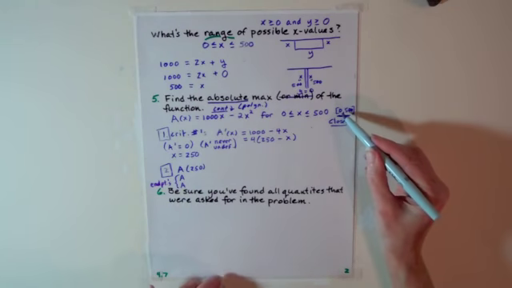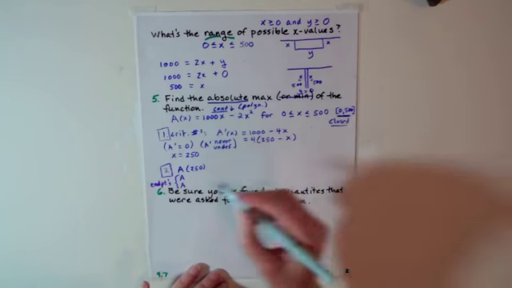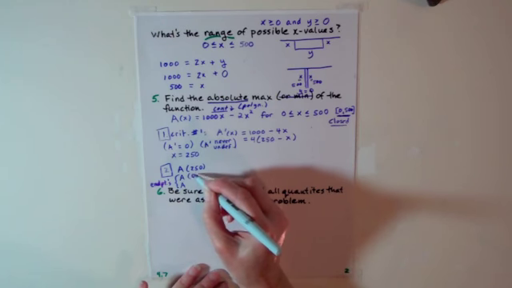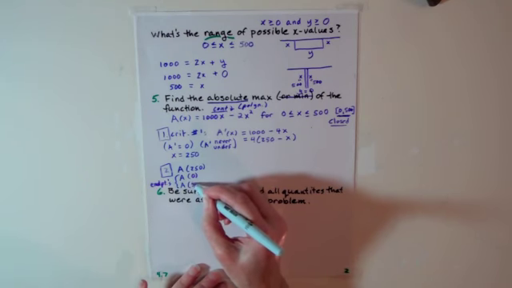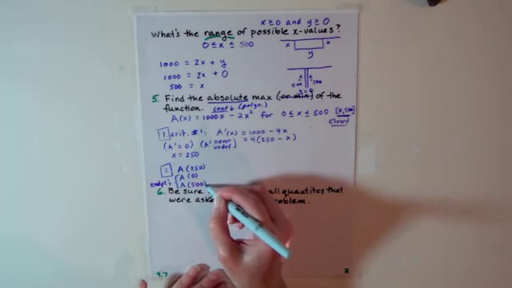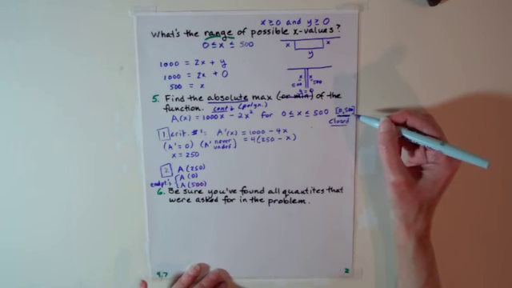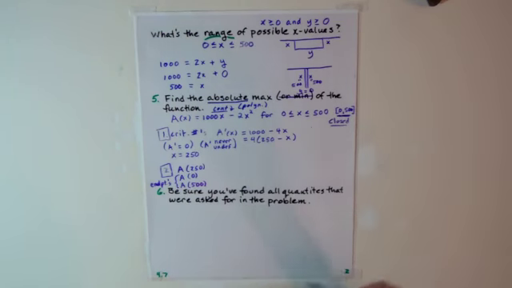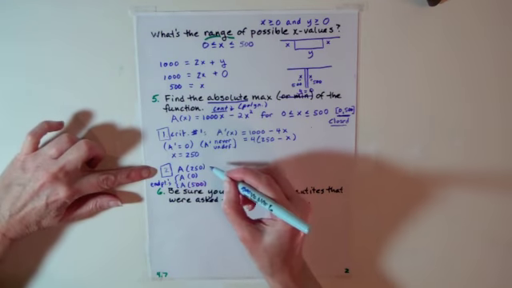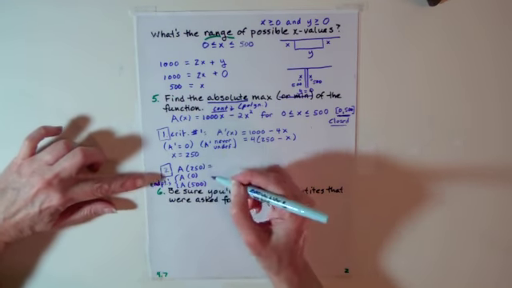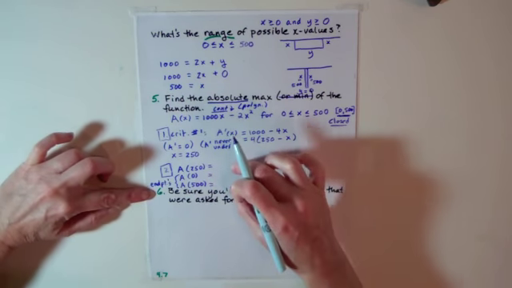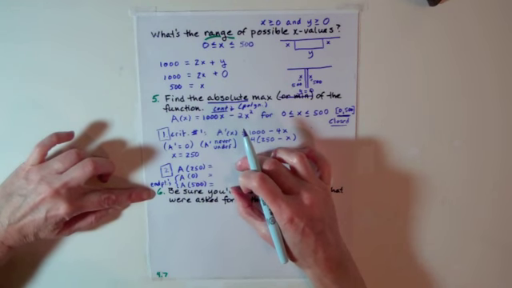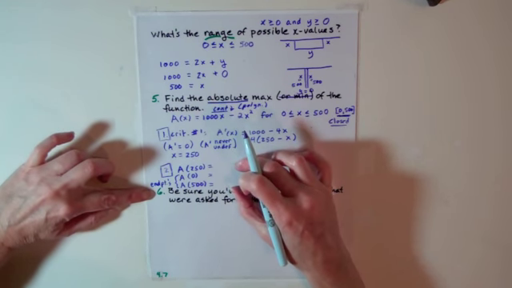What is our interval? It's from 0 to 500, so I'd have to check A of 0, and A of 500. So we check the value of the original function A at 250, at 0, and at 500, and whatever number comes up the largest, that is our absolute maximum area.